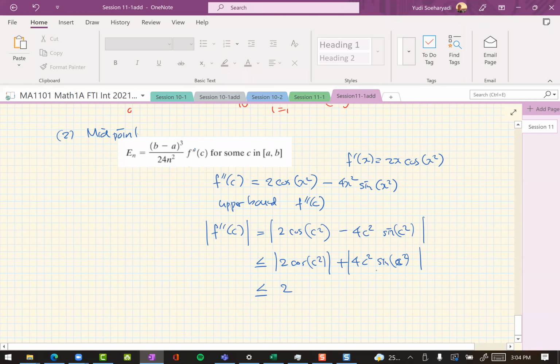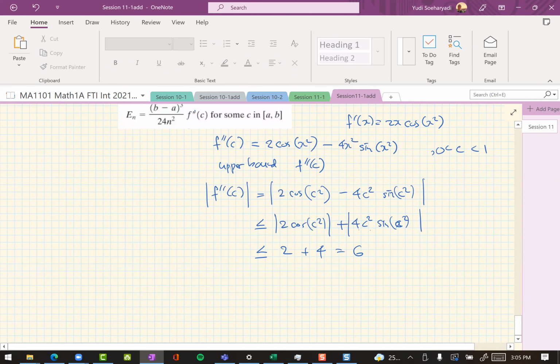The sine is also less than 1, so this is 4c. All right. Our c is between 0 and 1. Okay, so just take 1. All right, so this is just 6. That's an upper bound. That's easy to find.